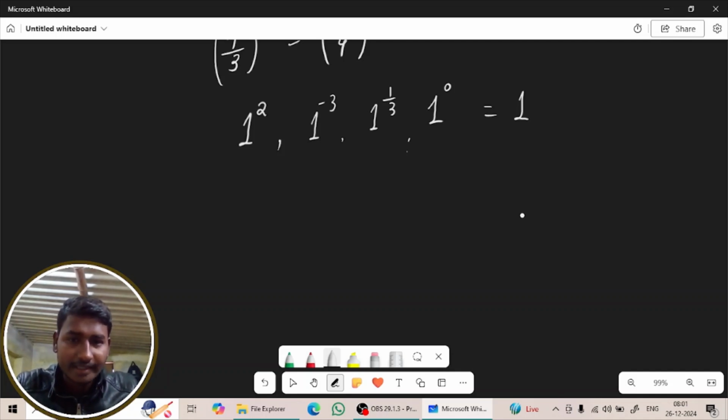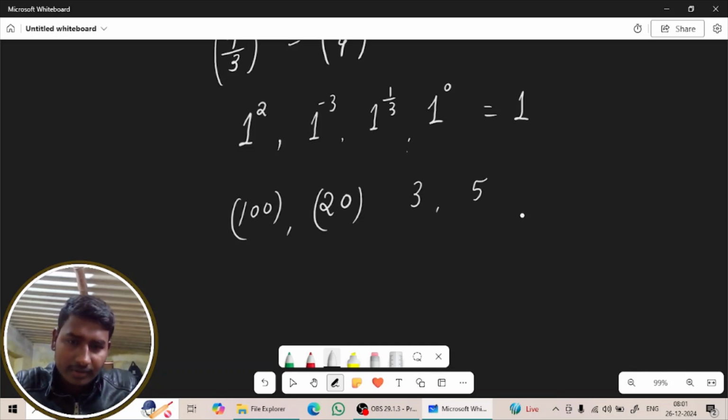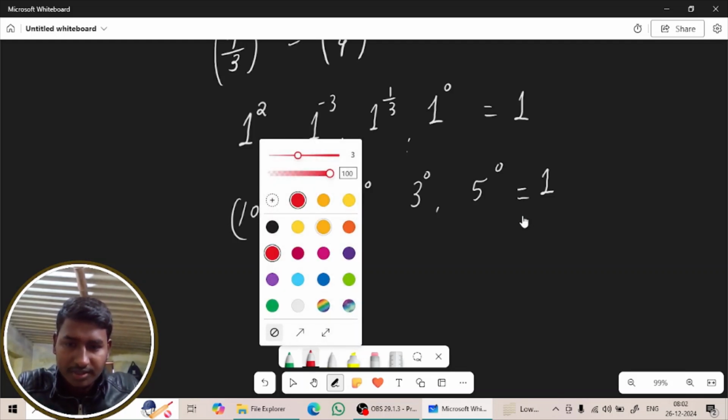If you put any number on 1, that will always give you 1. Same way, if any number is there like 100, 200 or 20, 3, 5, and its exponent is 0, any number having exponent 0 will give you 1, right?